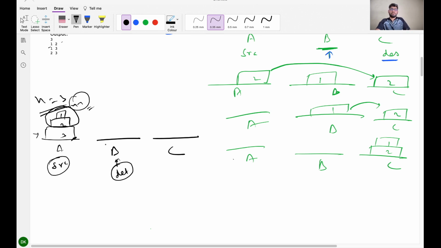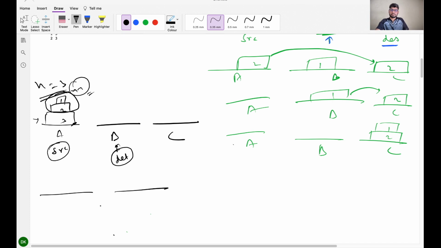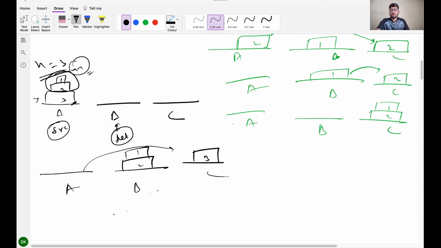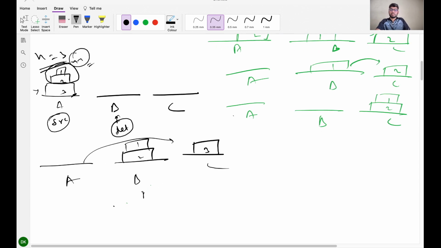Okay, so if somehow we can place all of disks 1 and 2 on B, then I can simply place my third disk from A to C. After that, B would be my source and C would be my destination, and we just have to place these two disks from source to destination, and this becomes the n equal to 2 type problem.